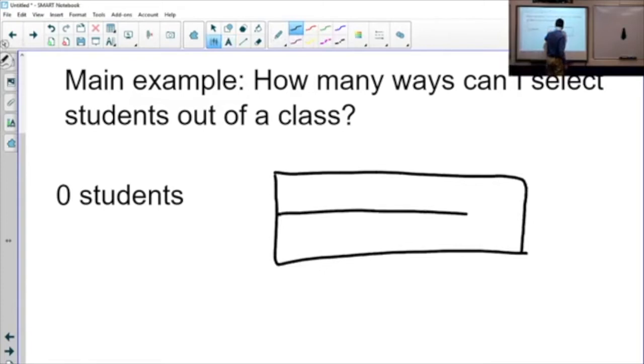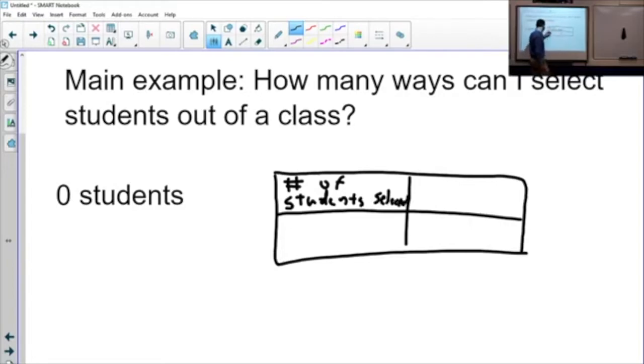And this table is going to be very boring because we're going to have number of students selected, and then number of possible ways I can select them. All right?